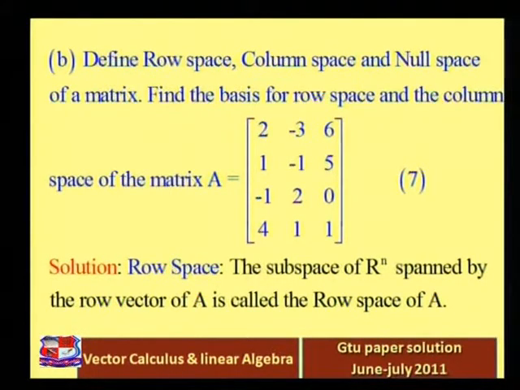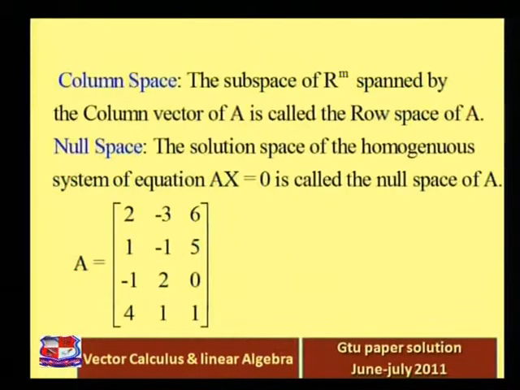Row space: the subspace of Rn spanned by the row vectors of A is called the row space of A. Exactly opposite is the column space: the subspace of Rm spanned by the column vectors of A is called the column space of A. Sorry, that was a mistake, it's not row space, it's column space.